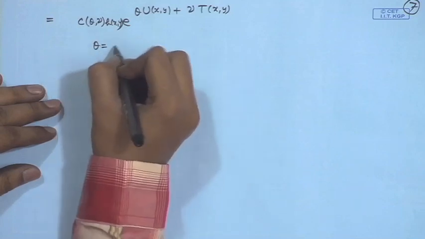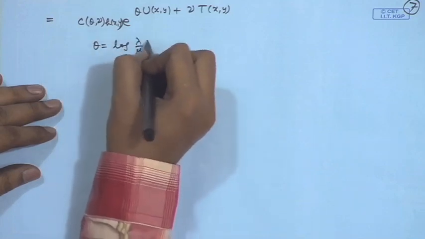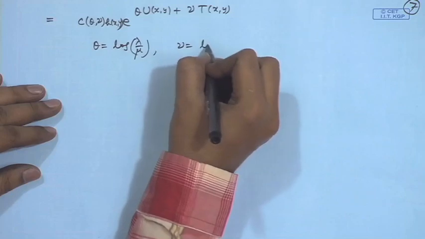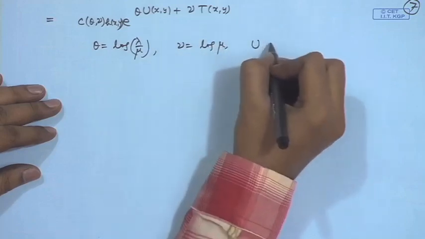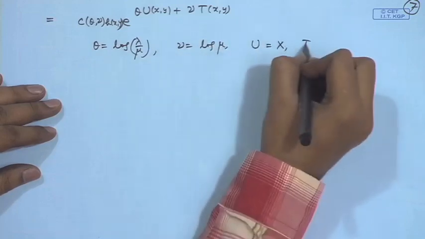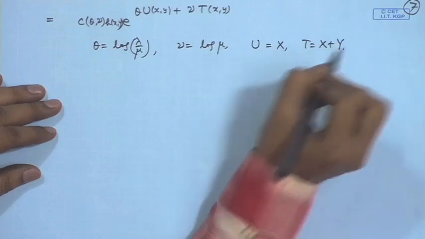So, here theta is log of lambda by mu, nu is log of mu, u is equal to x and t is equal to x plus y.